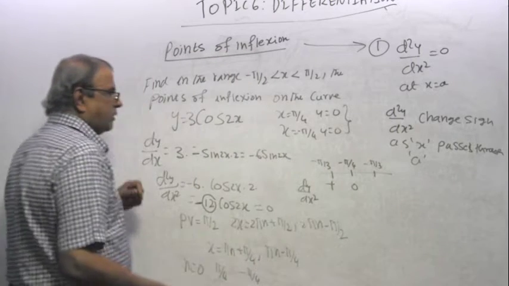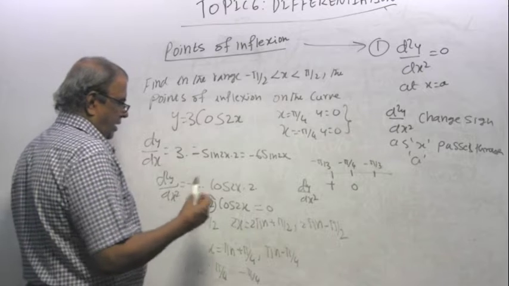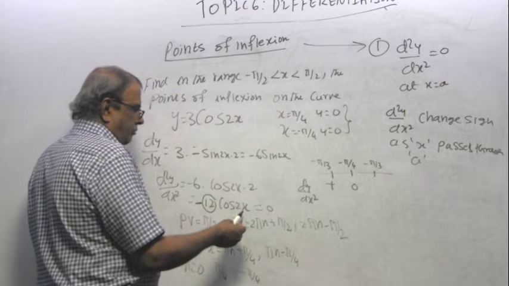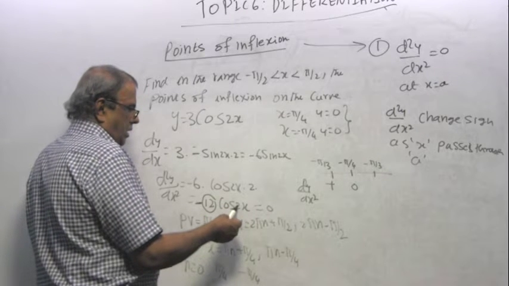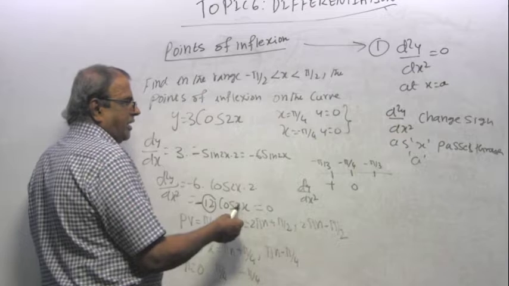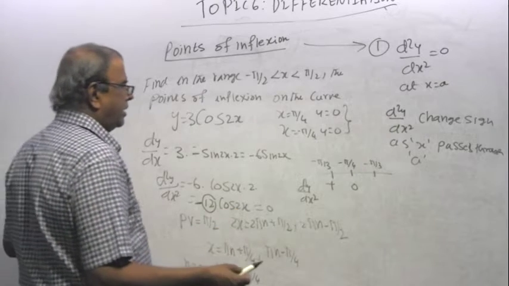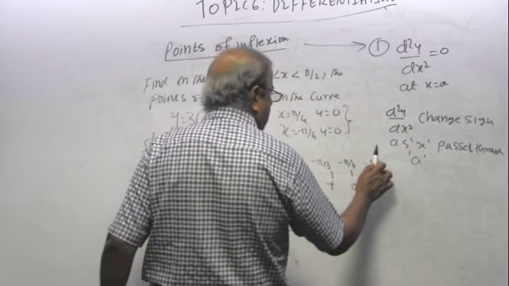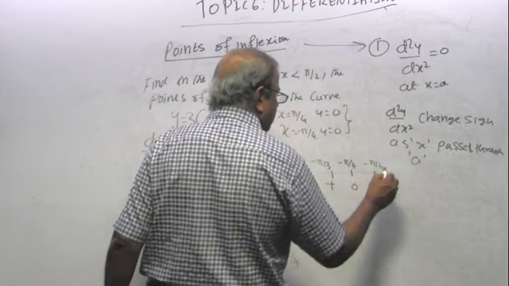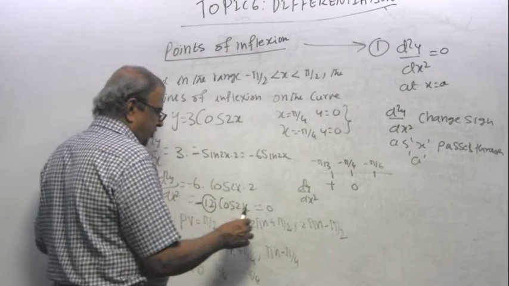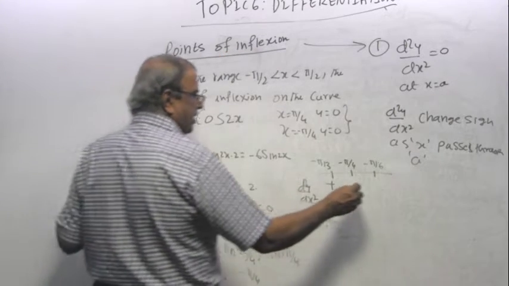And then what about the other one? Cos of 2 times pi over 3 is 2 pi by 3. Okay. Minus pi over 6, idiot. 30. 30 times 2 is 60. It's a minus.